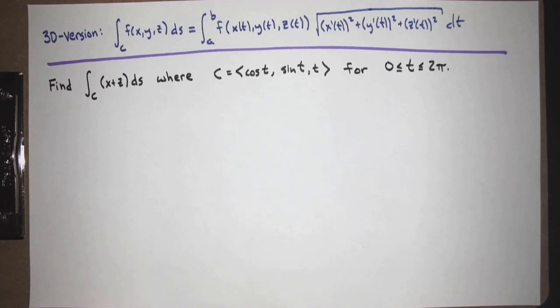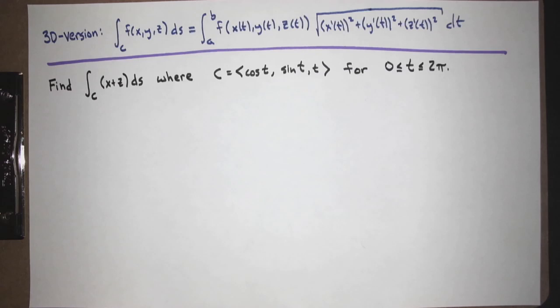So you can think of your curve as a wire. But it's not a wire with constant density. Depending upon where you're at in space, it might be thicker or thinner. And so if you integrate density, what do you find? Mass.